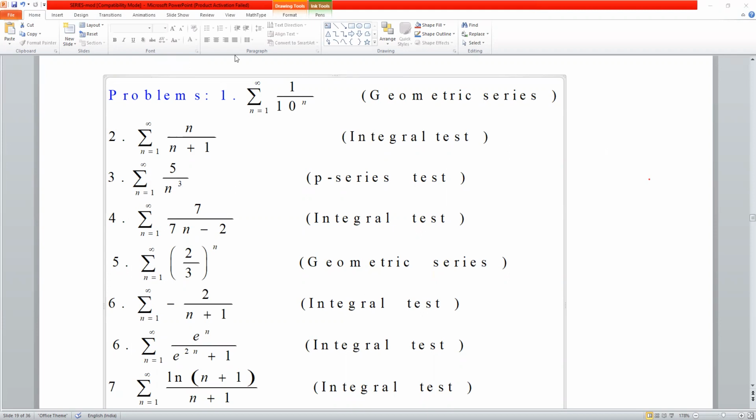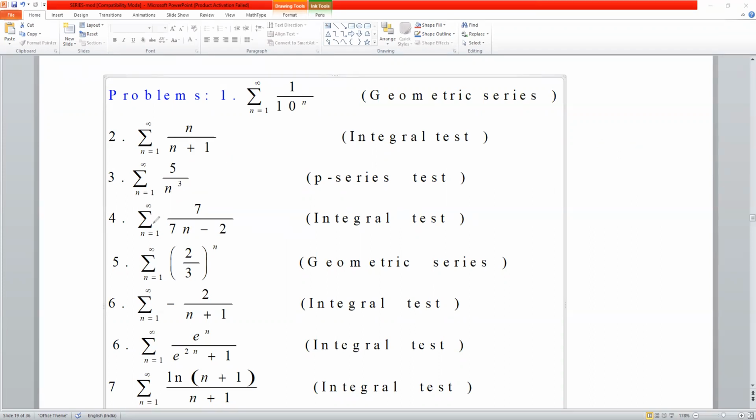You can observe that this is of the form summation of n is equal to 1 to infinity 1 by n power p, so it is of the p series form, where p is equal to 3. The p series is always convergent for p greater than 1. So here p is equal to 3. Therefore the series is convergent with the help of the p series test.